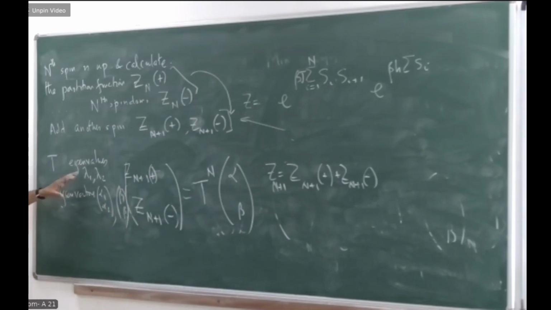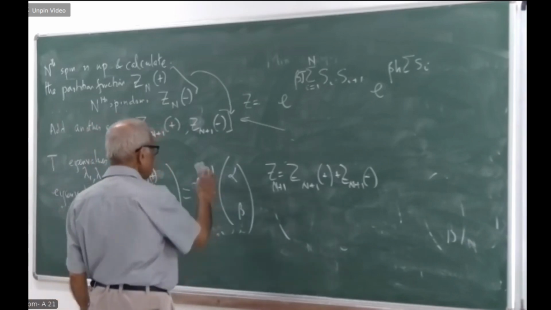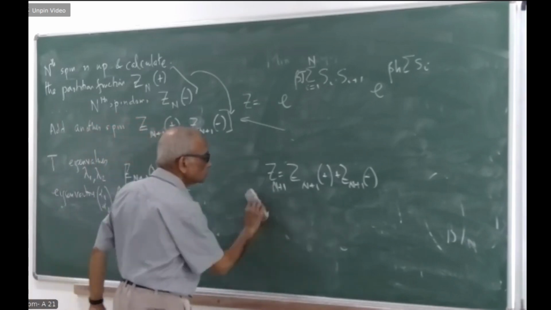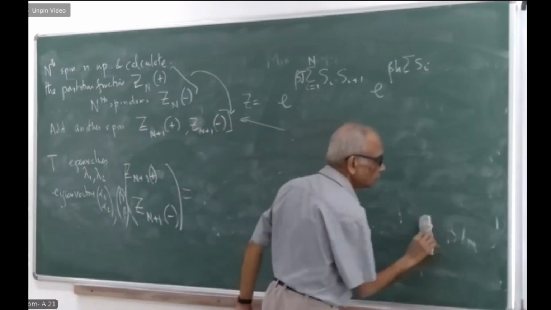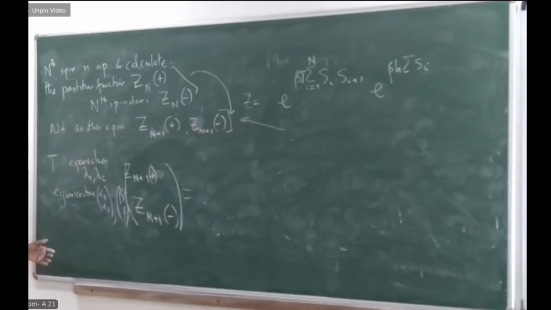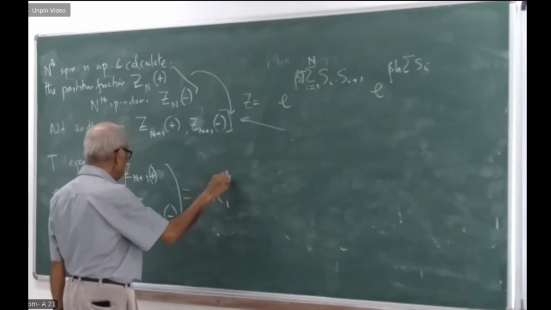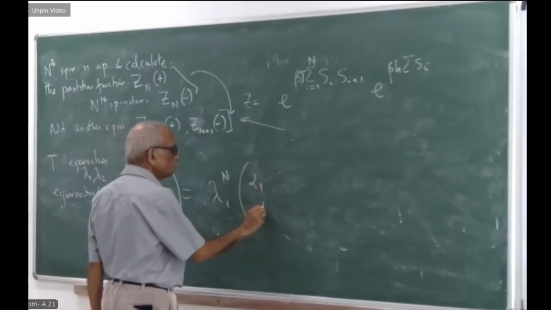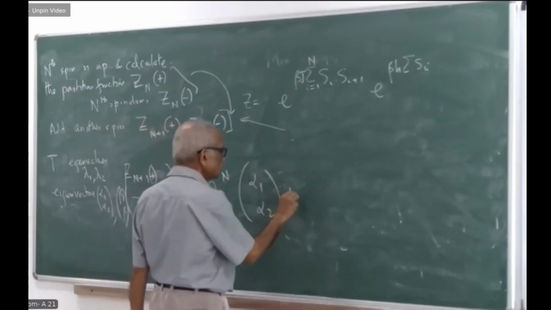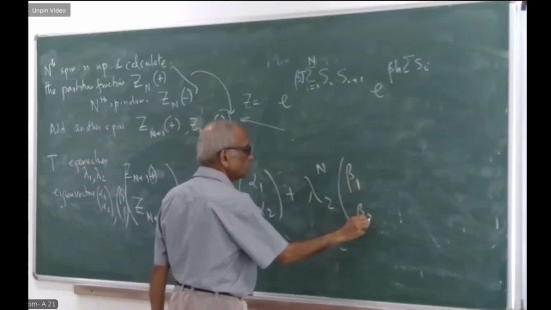So if I know the eigenvalues and eigenvectors, then I can simply write down that, at the end of the day, Z n plus 1 is lambda 1 to the power n times alpha 1 alpha 2, plus lambda 2 to the power n times beta 1 beta 2.